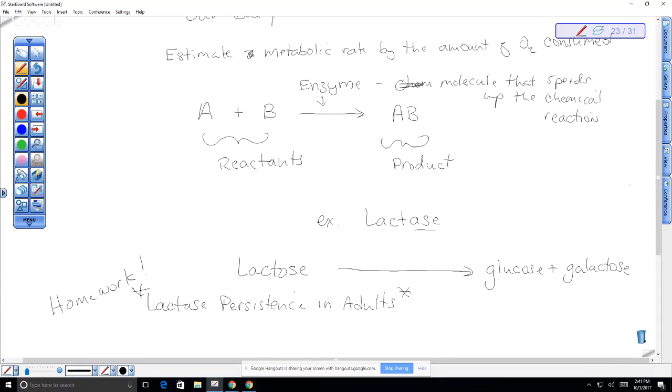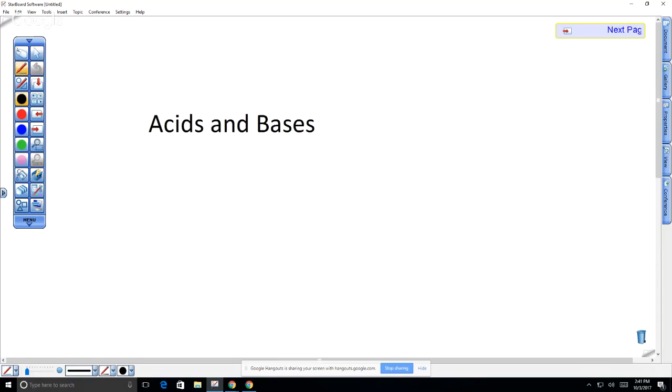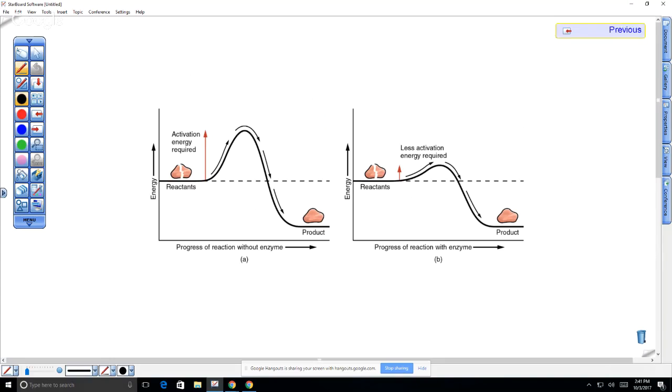Okay, so we could ask, how do these enzymes do the work that they do? And so we can look at the shape of an enzyme. This is a diagram from your book that shows the amount of energy it takes to take two reactants and produce a product.